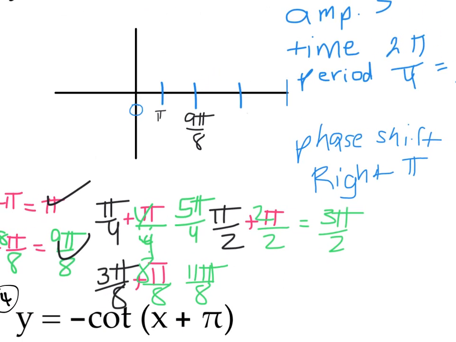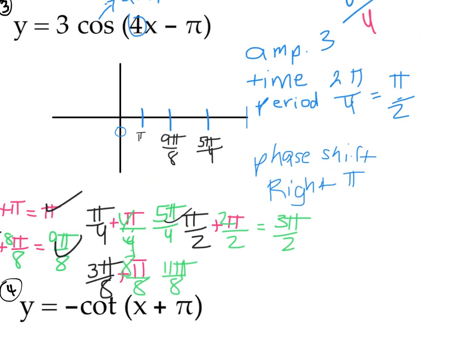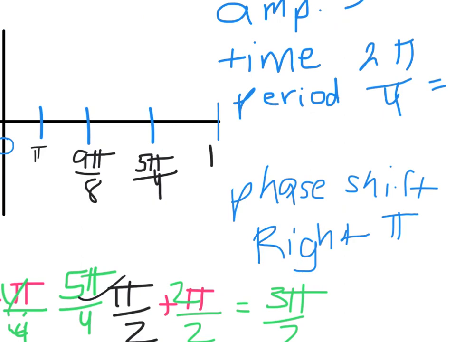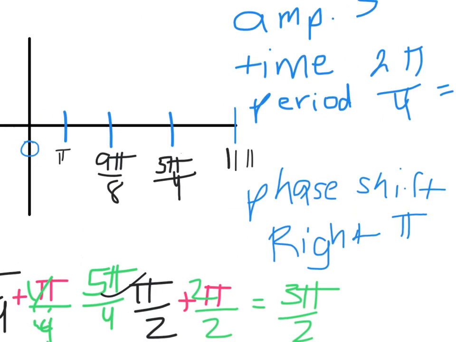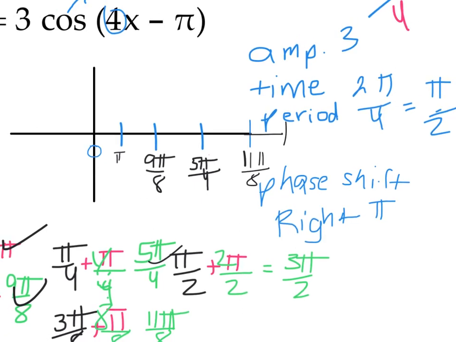Then my next tick mark is at 5 pi over 4. Then my next tick mark is 11 pi over 8. And the last tick mark, because we're shifting the whole thing over and I need to see the whole time period, is 3 pi over 2.